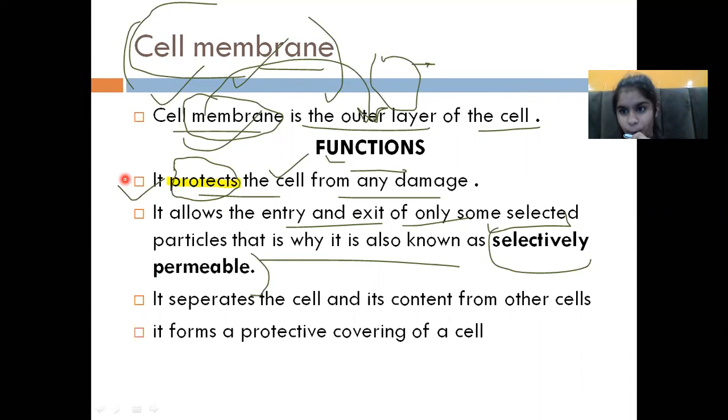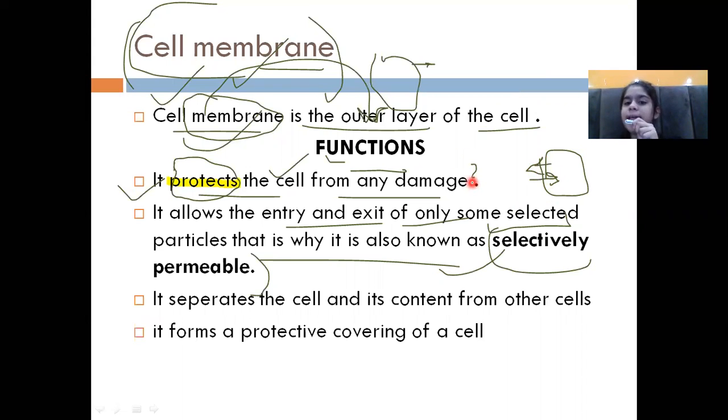Now, another point is that it allows the entry and exit of some selected particles. Jaise, if this is my cell, only some selected particles can go in and out of the cell. Okay, who decides this?